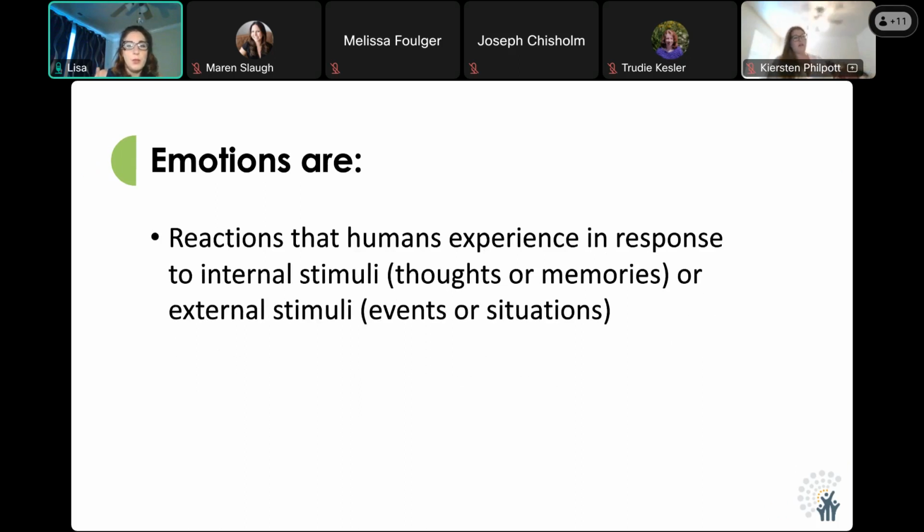They're a response, and this one is important. They're a response to either internal stimuli, such as thinking of something that makes us sad, maybe somebody we've lost or an experience we've had. So they can be thoughts that just cross our mind and create an experience of an emotion in us, or they can come from external stimuli, things that happen to us, situations or events every day.